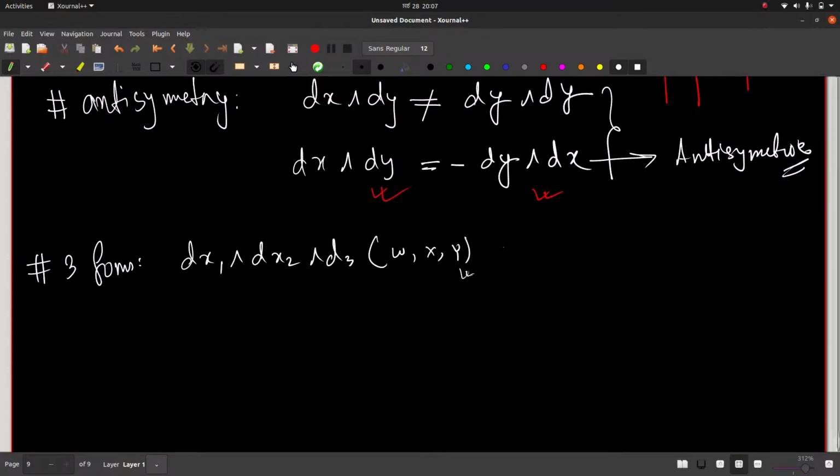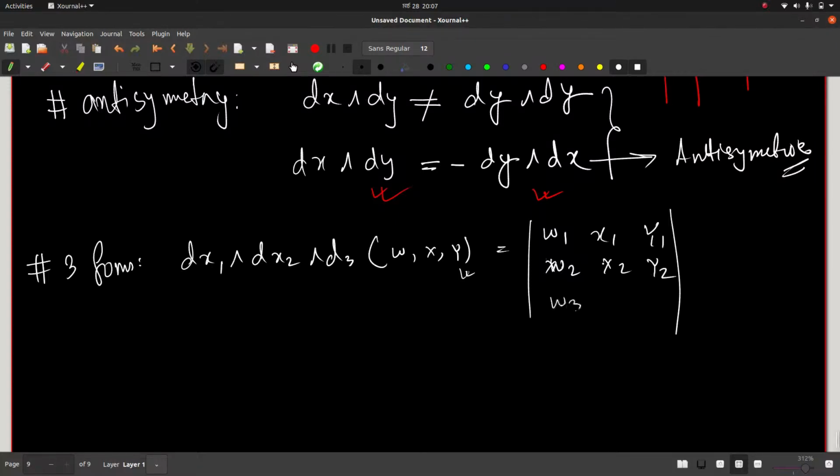And again you will have some determinant like w1, x1, y1. I'm obviously jumping 2 steps, but you can easily fill them out using the previous example that we considered a few minutes ago. And you will have w2, x2, y2, w3, x3, y3, like this. These are just determinants.